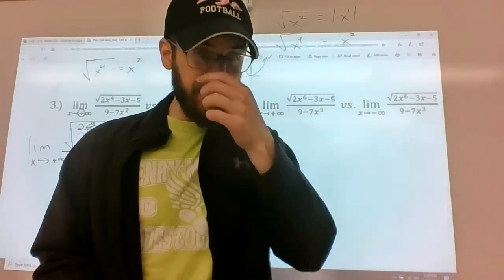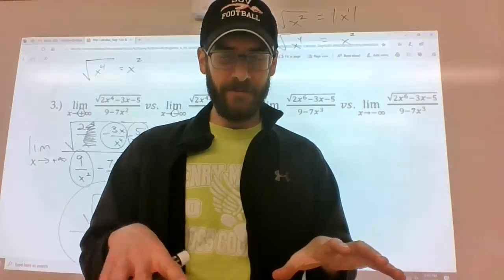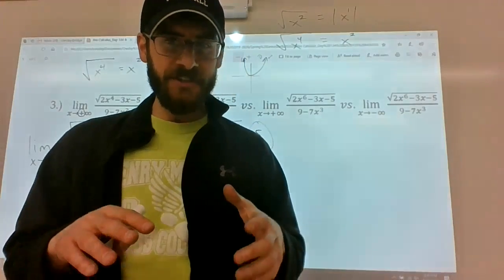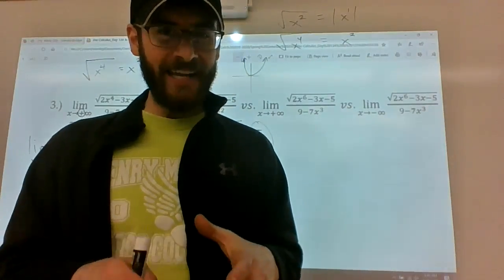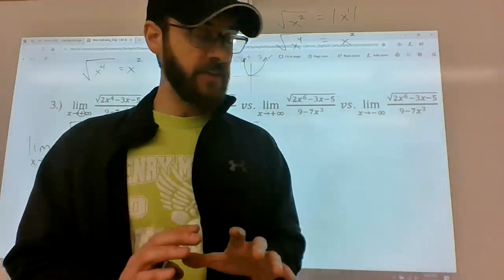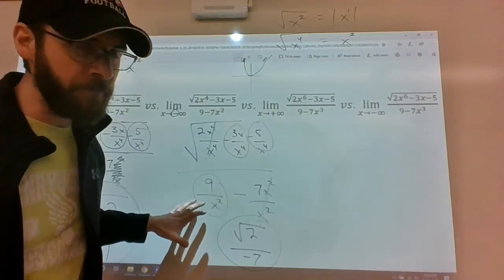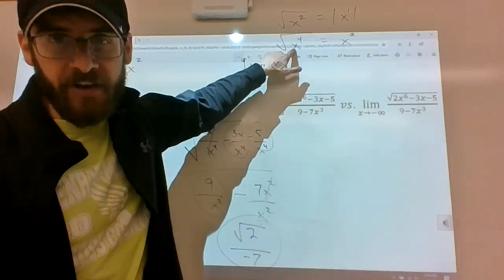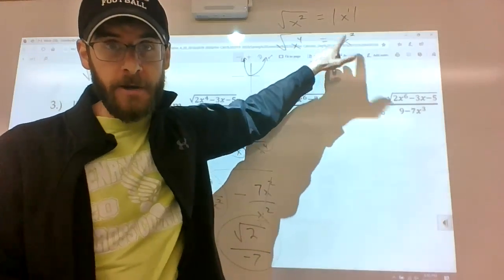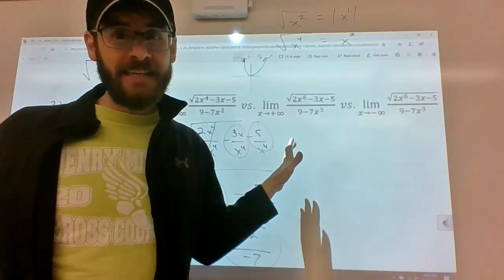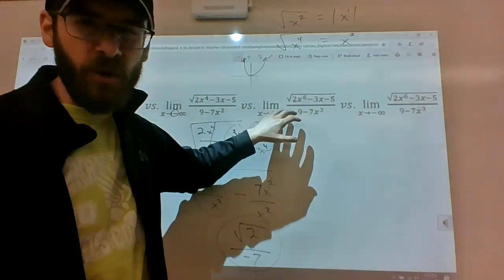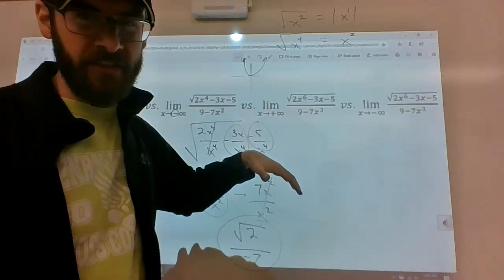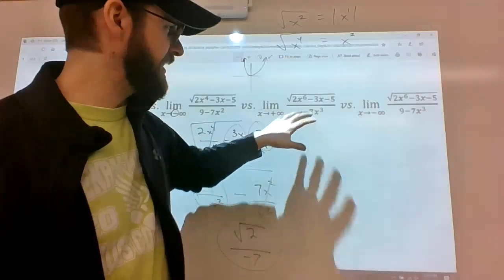All right, finishing this example, or again, if you've kind of lost your bearings, this is example 3 on day 134 and 135 notes. I just talked about how the square root of x to the 4 equals x squared. No absolute value bars needed. But I think we can skip ahead to the gist of this.